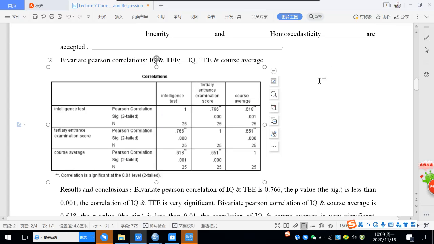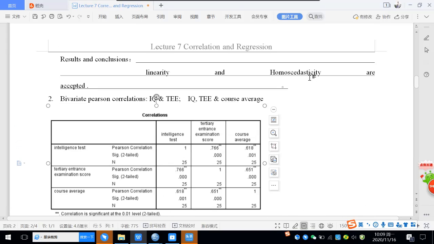Okay, let's continue. Yeah, here I think I should make something clear. Firstly, I need to talk about the Pearson correlation.